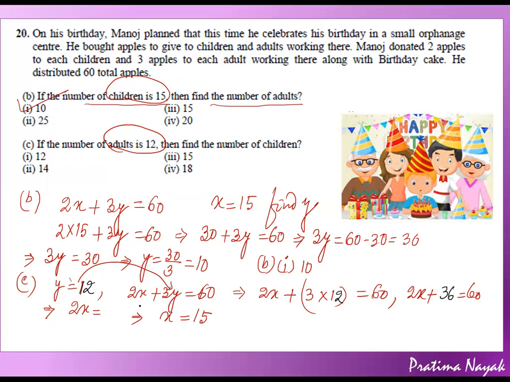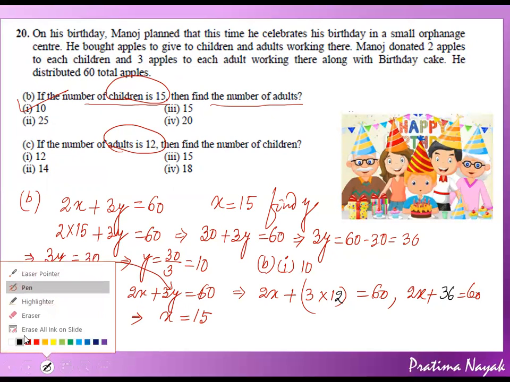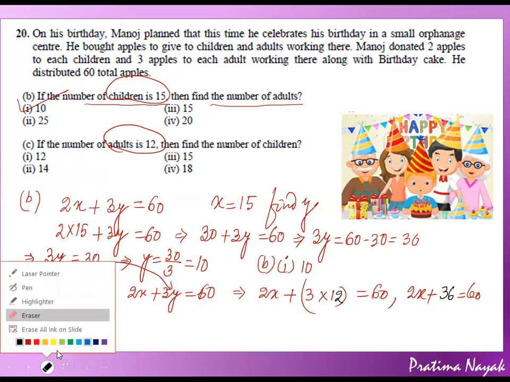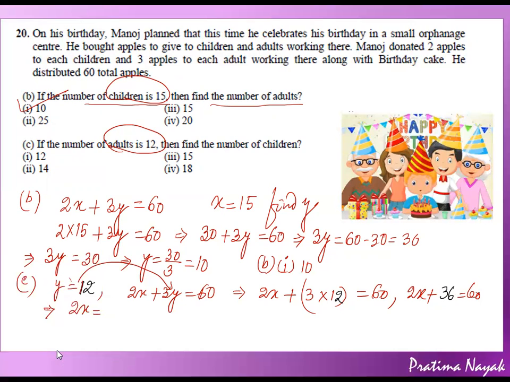Then 2x is equal to 60 minus 36, that will be 14, or twice x is equal to 14, or x is equal to 7.